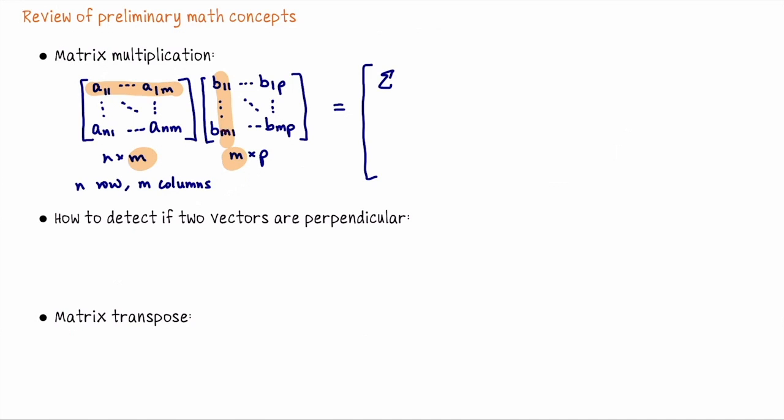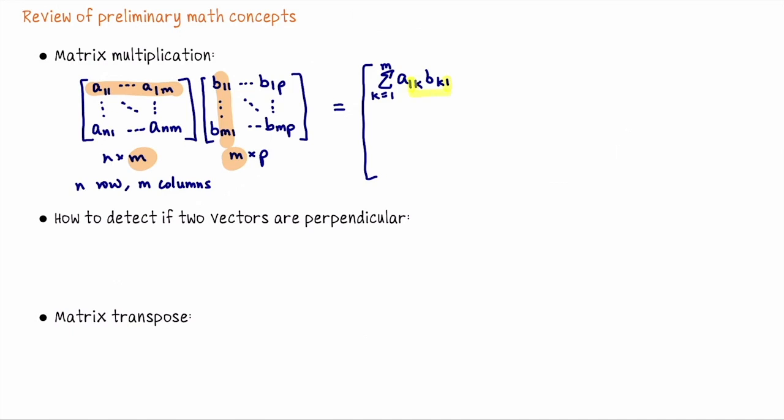So I can write this as a sum. Products of the form A1k times bk1, from k equals 1 through m. That's the entry in the first row, first column of the product, and you can get that by looking at those outer counters.